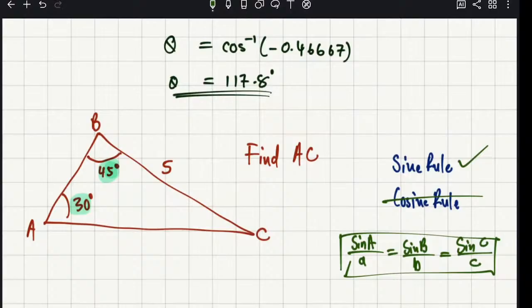Big A is the angle. Small a is the side, which is opposite big A. Big B is the angle. Small b is the side opposite it. Big C is the angle. Small c is the side opposite it.